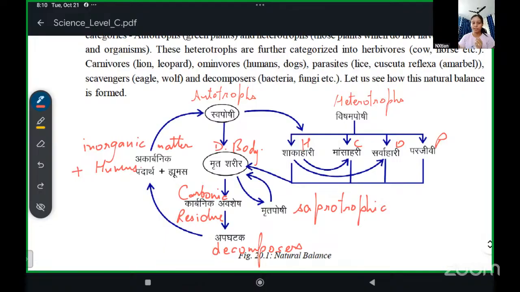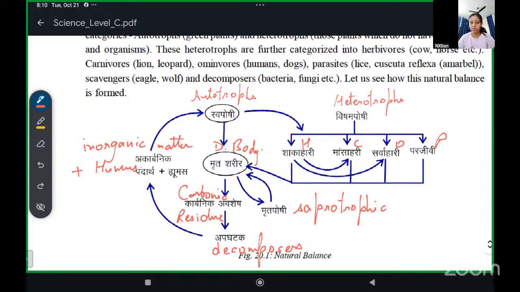Then you have heterotrophs, which cannot prepare their own food, so they depend on other organisms for food. The carnivores and omnivores eat the herbivores, and the herbivores eat the autotrophs, or the plants.